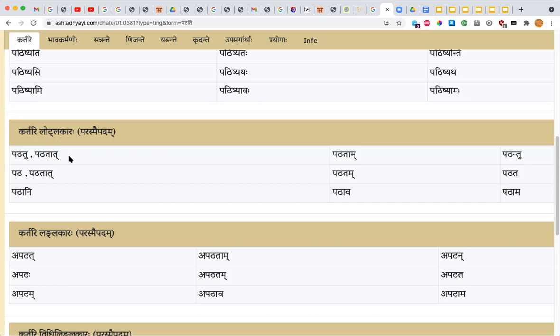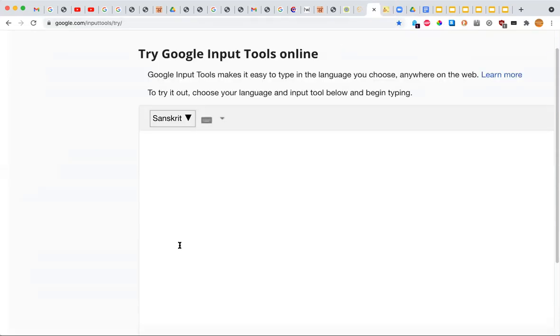Karta is Rama, so Ramaha Patatu. Initially you said Rama Patatu.